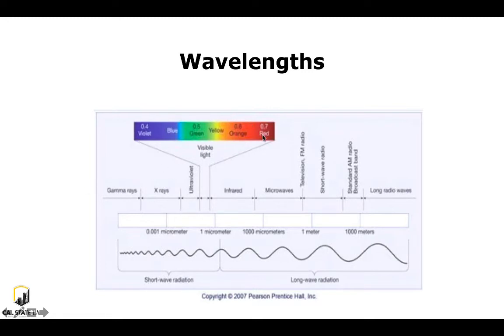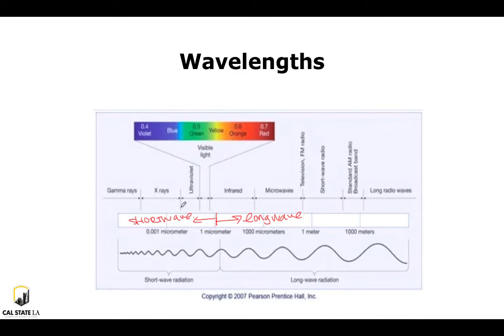Here we have visible light. This is the wavelength for visible light. As you go from purple to red, the wavelength gets longer, from 0.4 micrometers to 0.7 micrometers. Once we head past visible light and into infrared, this is where we have our long wave radiation. Everything from this point on is our long wave, and this way is our short wave.